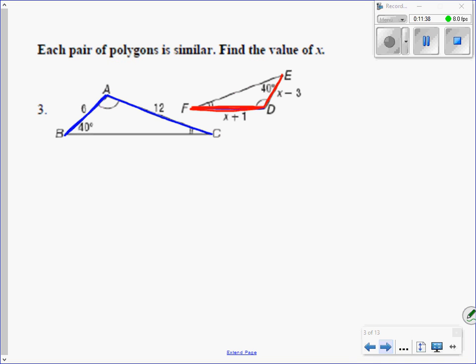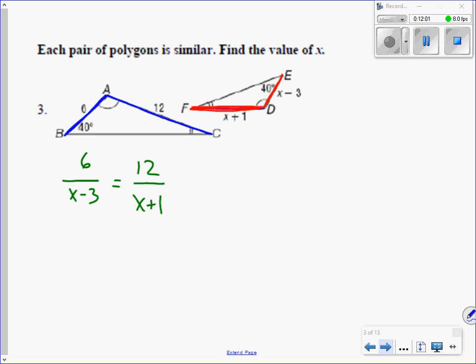So AB is 6, that is a 6, right? Corresponds to x minus 3. And then on the other one, we have a 12 on the big one, corresponds to an x plus 1 on the small one. We have our proportion, cross multiply.